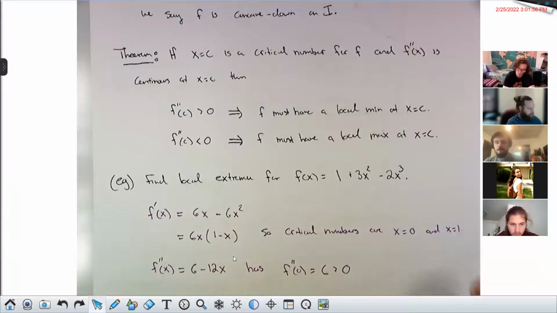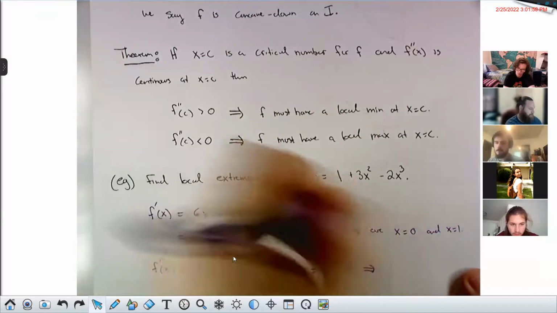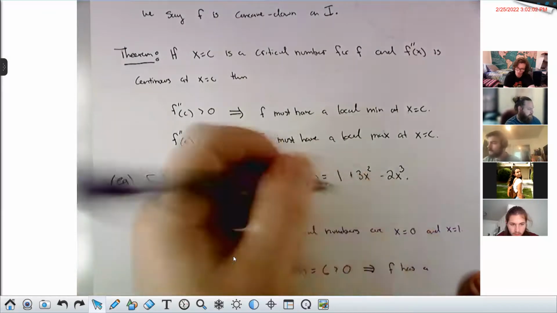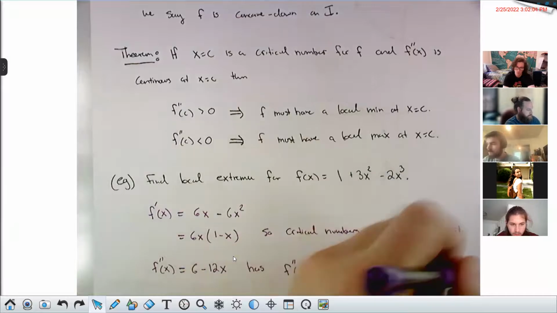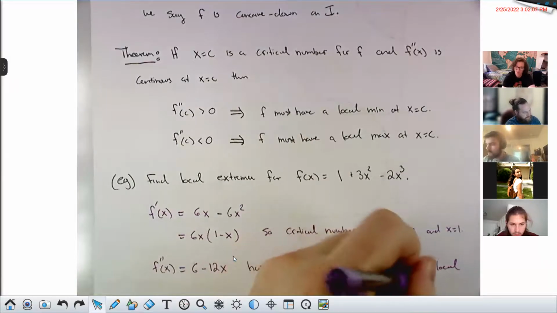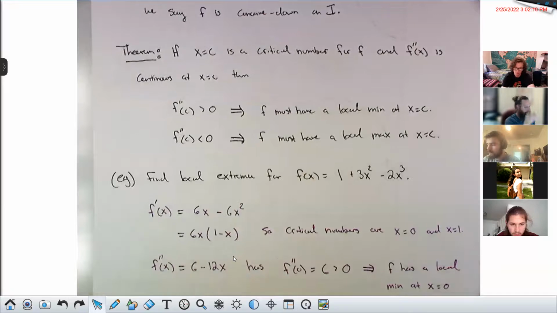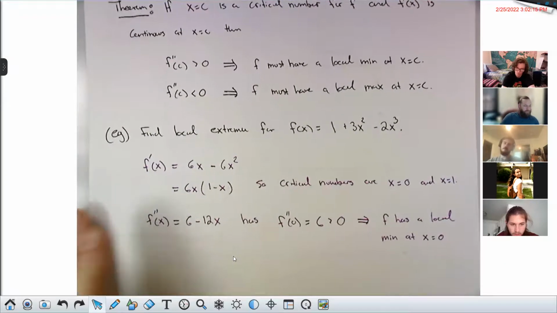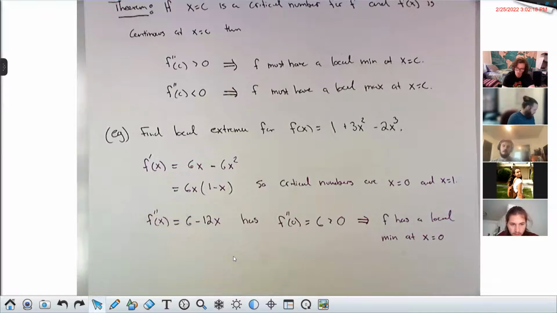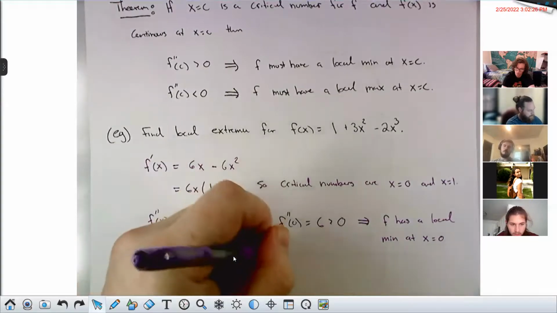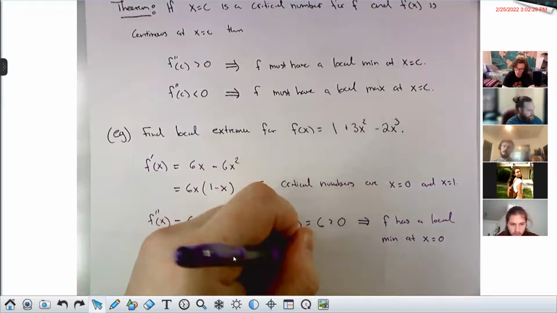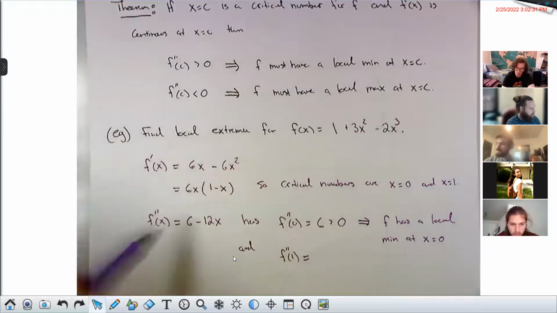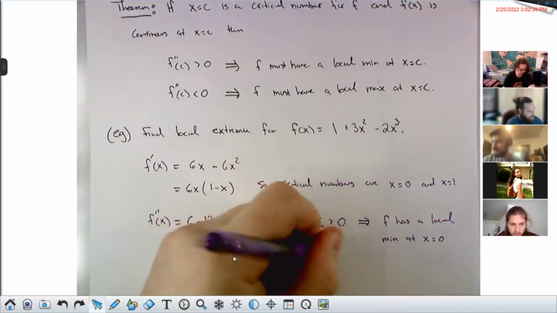So that means f has a local min at x equals 0. And if I compute f double prime of 1, that's 6 minus 12, which is negative 6, which is negative.